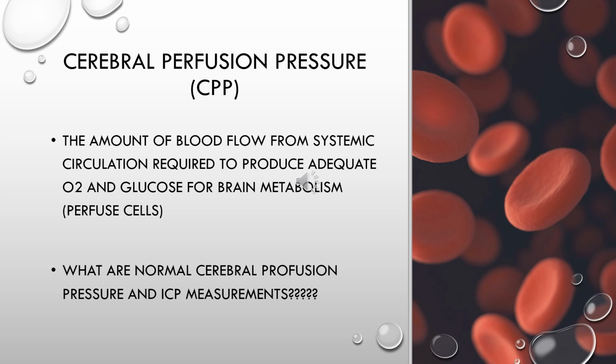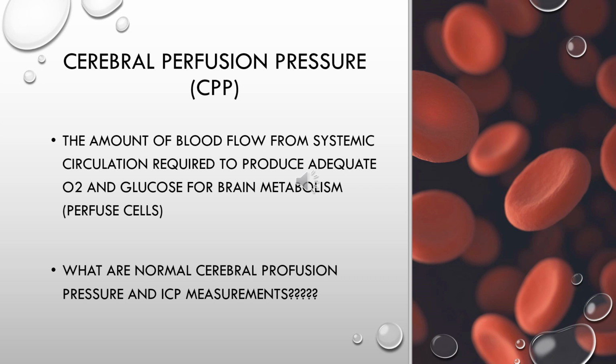pressures and ICP measurements? So when we're looking at a cerebral perfusion pressure, this CPP, you will see a little variation when you're looking at different references, but typically 60 to 80 is considered normal in that range. Some will say 60 to 100, and that is okay to go up to 100.